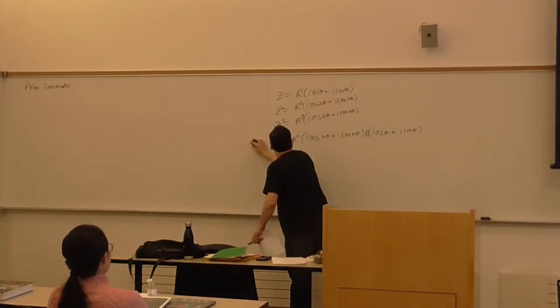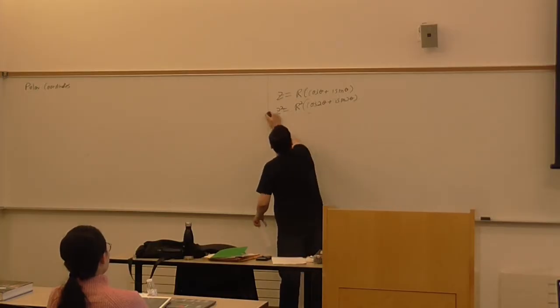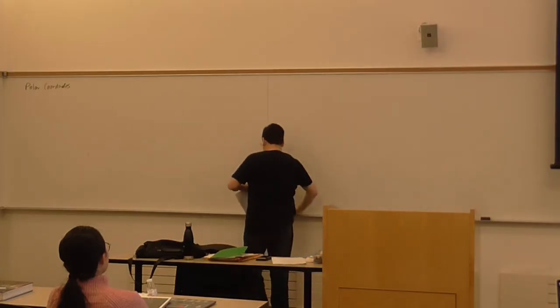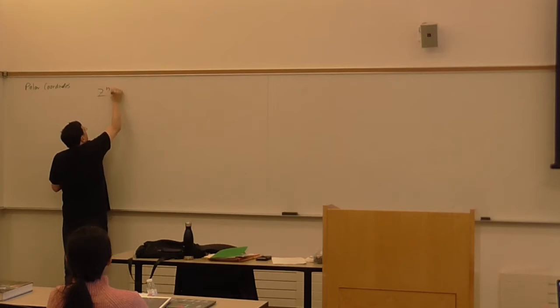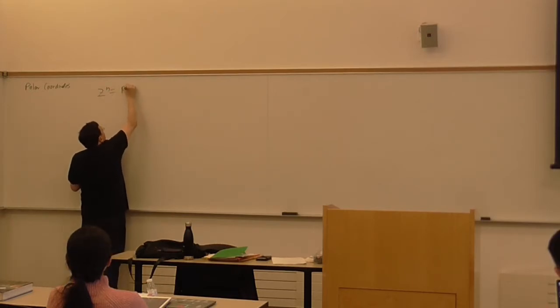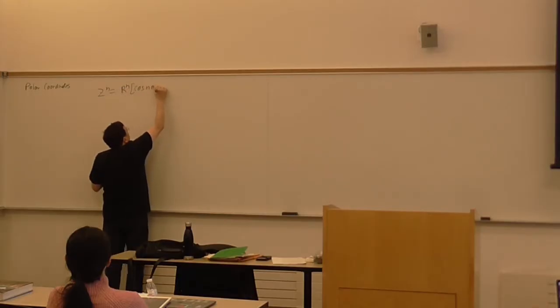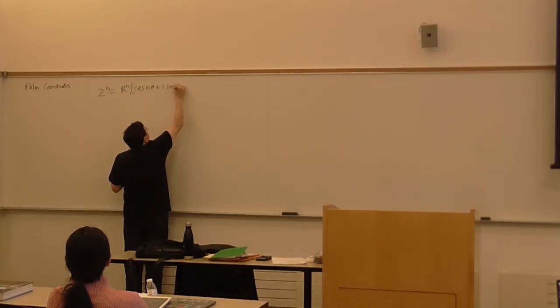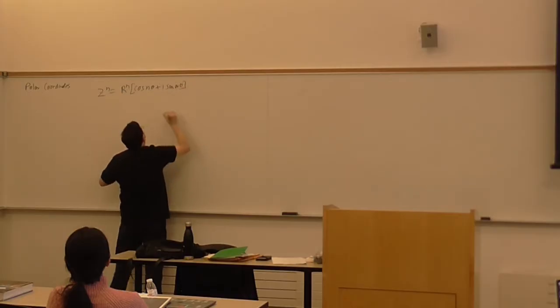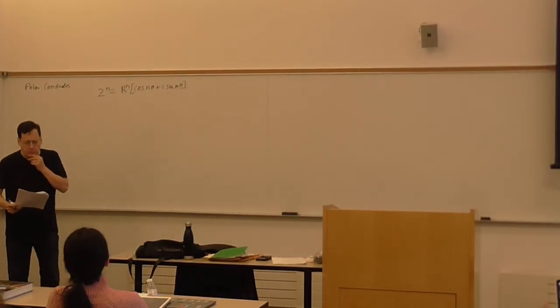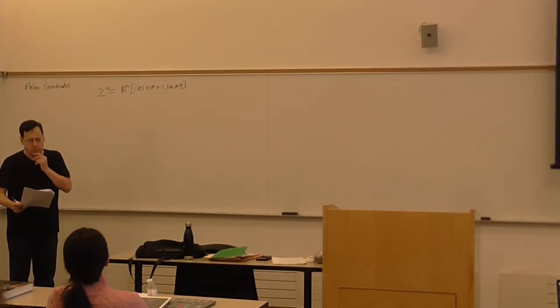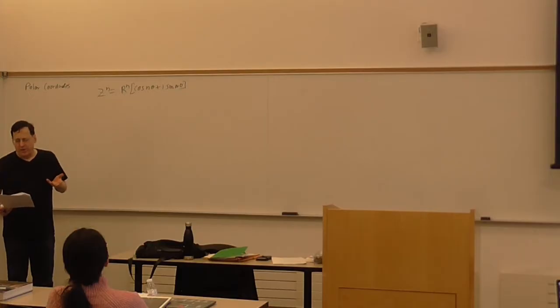So let's write that down. We have z to the n is r to the n times cosine n theta plus i sine n theta. I'm going to do a little bit of hand waving here.